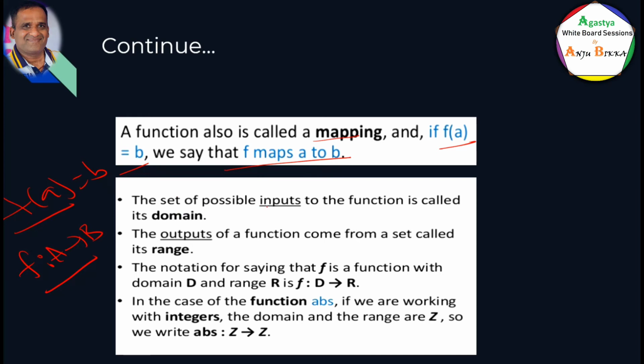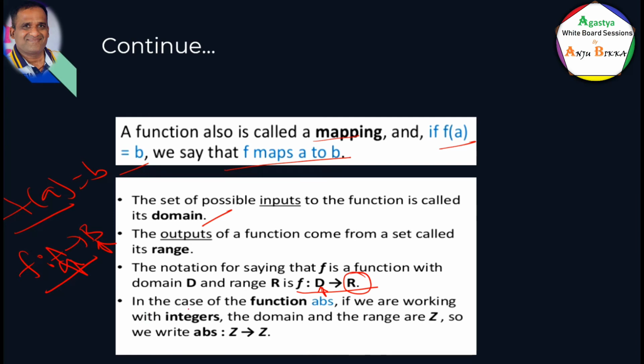The set of possible inputs to a function is called the domain, as we discussed previously. The outputs of a function are called the codomain or the range. The notation for these is D for domain and R for codomain or range.